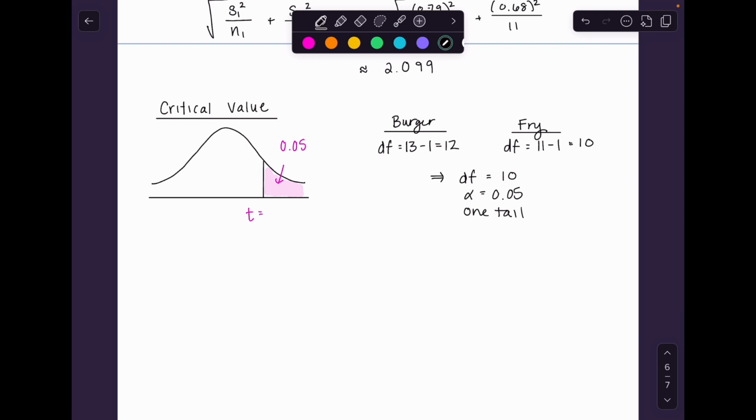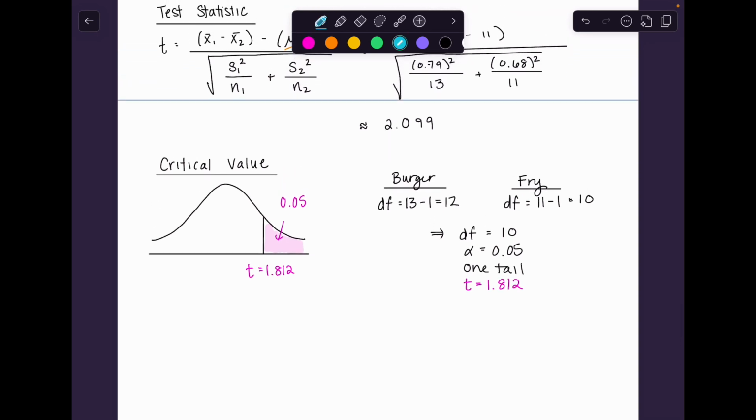So this value of t is exactly that, 1.812. So if anything falls to the right of that, that's where we are going to reject the null hypothesis. And in this case, our test statistic is 2.099.